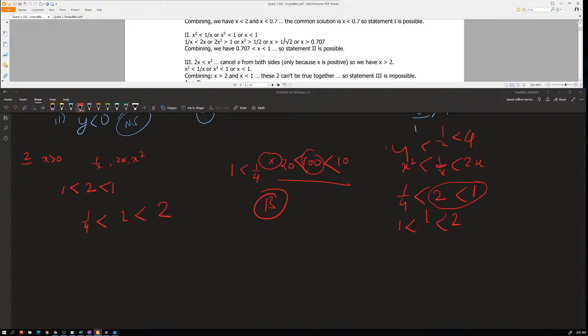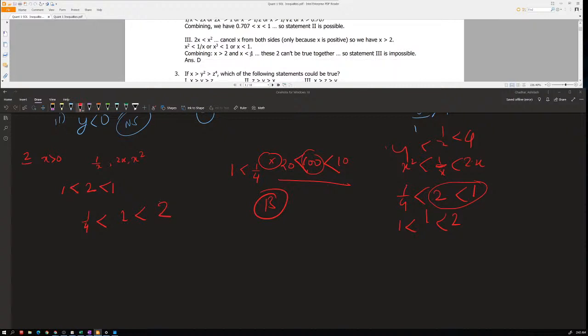I'm not sure. Here also they are cancelling x from both sides. So x is greater than 2 and x square is less than 1 by x. So x cube is less than 1 and x is less than 1.